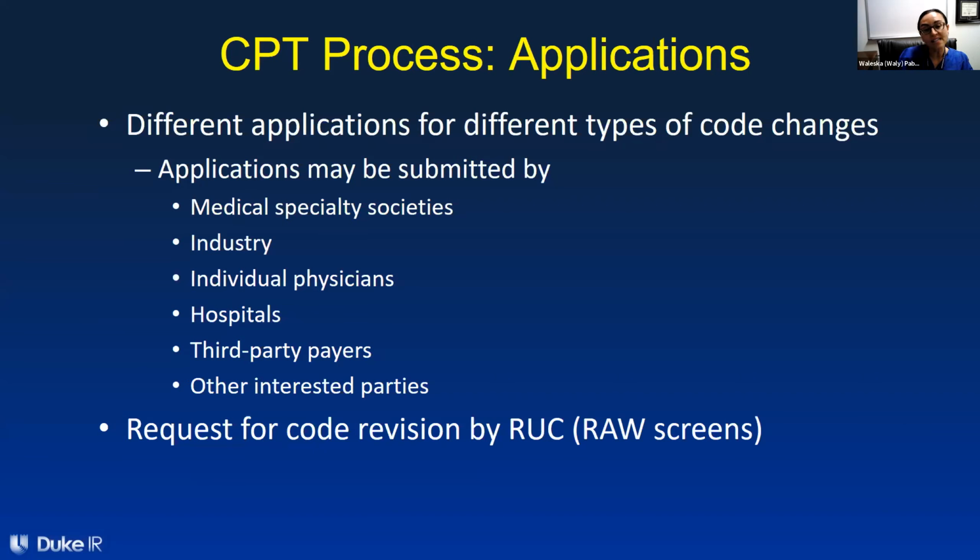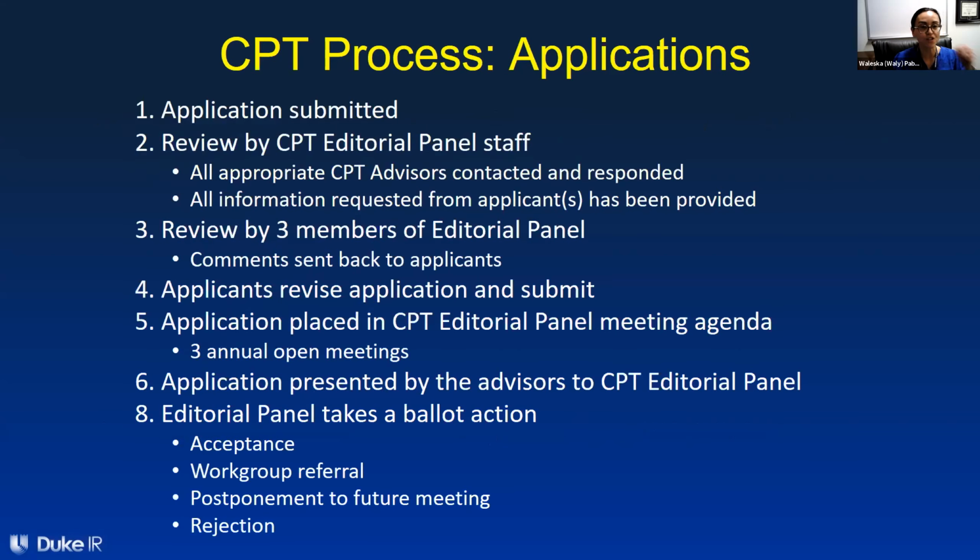The RUC has a subcommittee that screens and detects certain codes that are not being used maybe as they are supposed to be used. They can either directly reassess the value of those codes, or if they think the descriptor of the code needs to be revised, they send the code back to CPT for the code to be revised. So that's another way the CPT can get a code revision request.